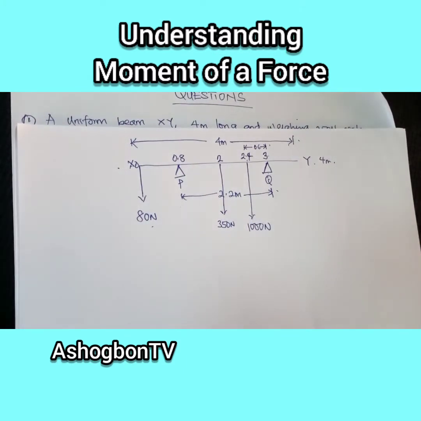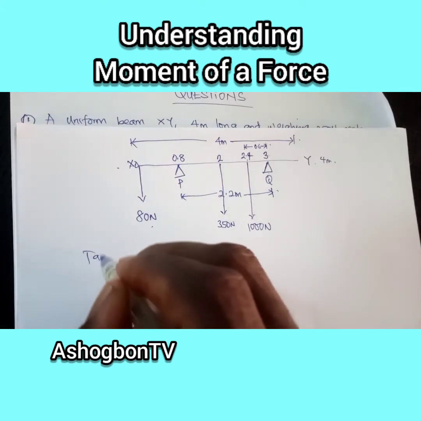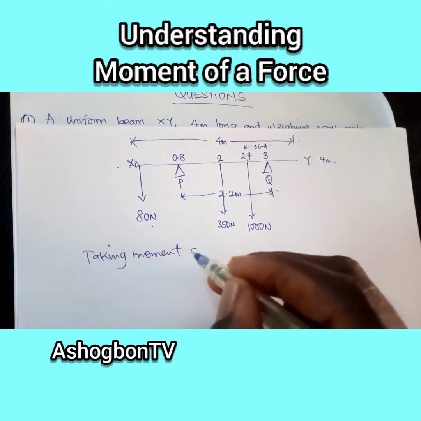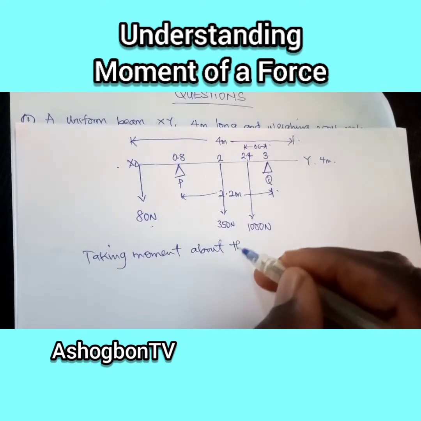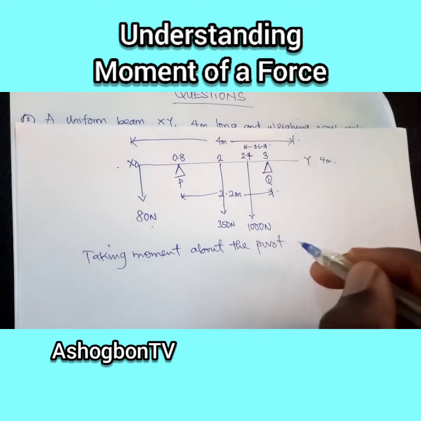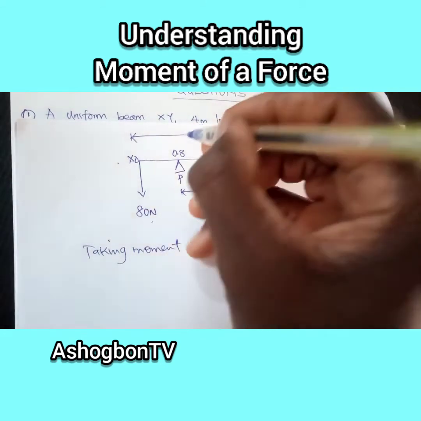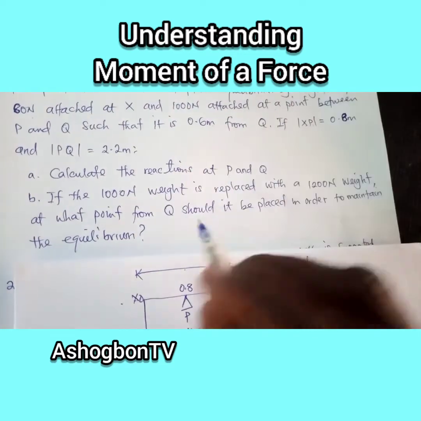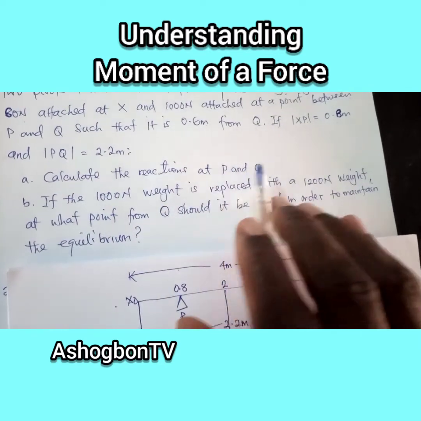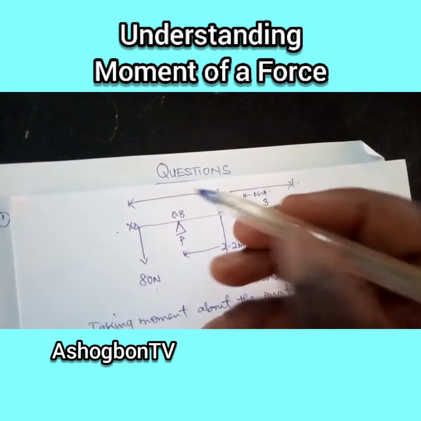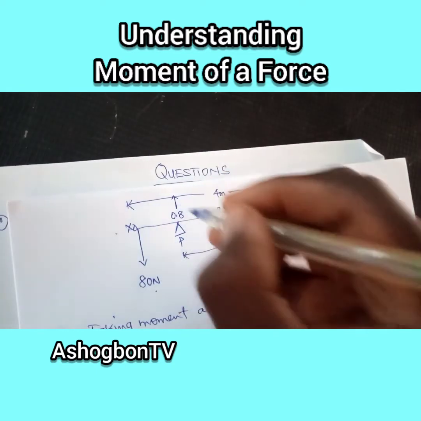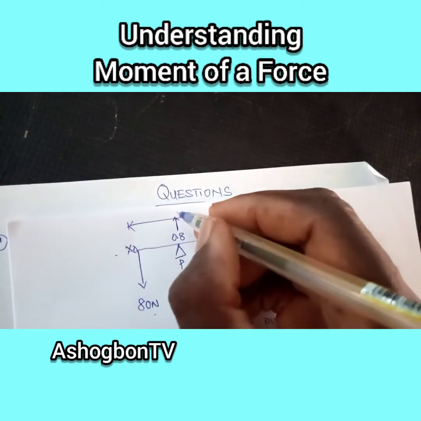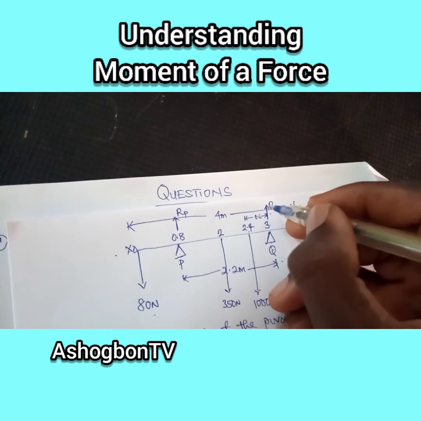So I will be taking moment about the pivot at P. Of course, if you check the question very well, we have to calculate the reactions at P and Q. So here you're going to have a reaction at this point, P, and you're also going to have a reaction at point Q. Let's say the reaction at P is RP, and the reaction at Q is RQ.